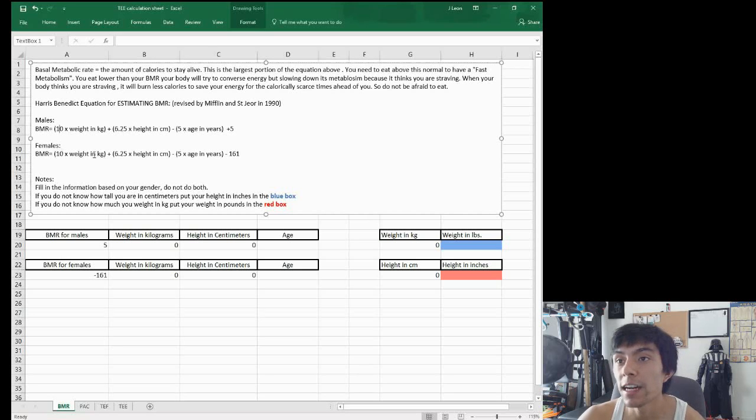Females is 10 times your weight in kilograms plus 6.25 times your height in centimeters minus 5 times your age minus 161. Basically what this means is that women are going to burn less calories, not all the time, but overall, just because they tend to have less lean tissue, less muscle.